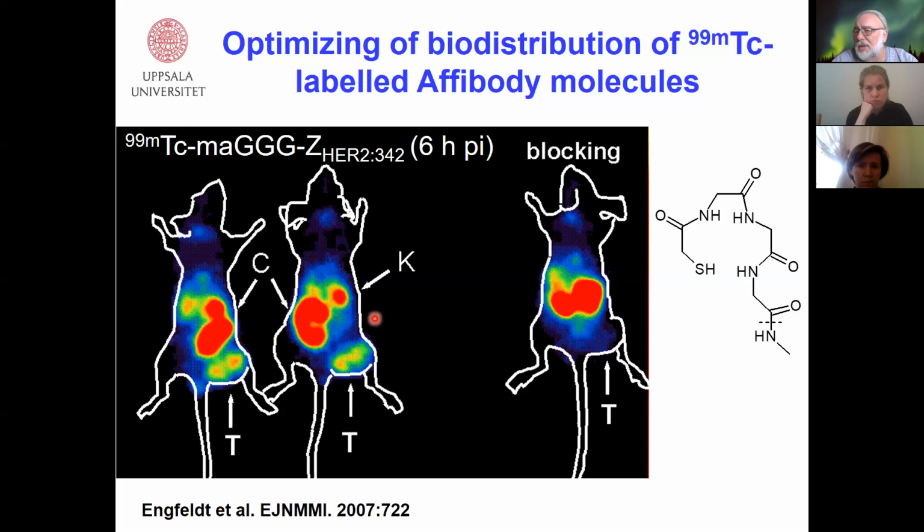So in the end, we went to our Department of Nuclear Medicine to make a beautiful gamma camera picture, which demonstrates that uptake is specific, because if you have tumors which are non-blocked, you have a good accumulation of activity in tumors, and if you pre-saturate with non-labeled antibody, there is no uptake of radioactivity.